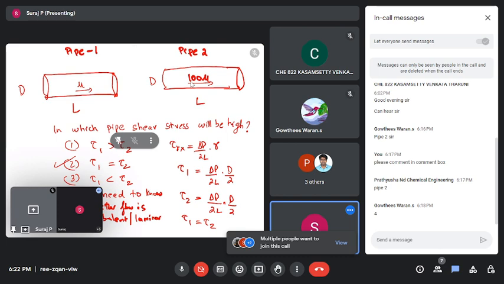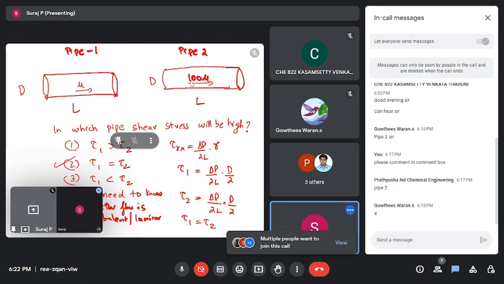And if we need to check with option 4, here nothing is specified whether the flow is laminar or turbulent. For specifying the turbulent nature, they need to tell that the flow is accelerated, but it is not given in this statement.